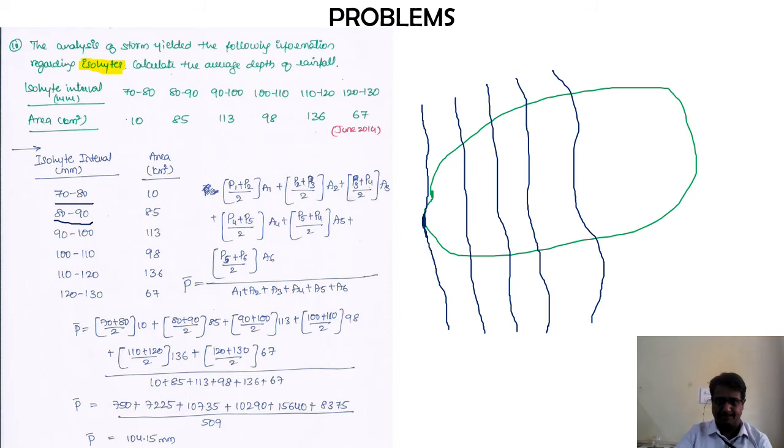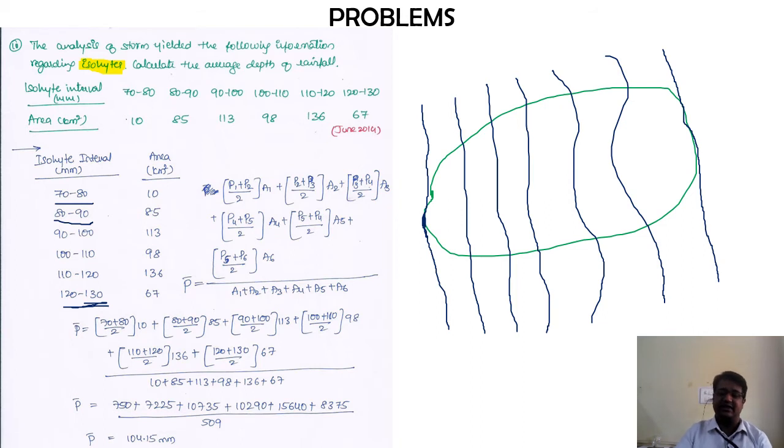Yeah, next we have 120, and if you check out, the last one is 120 to 130. So I am going to assume that the last bit is actually passing exactly at the end of this particular catchment area.